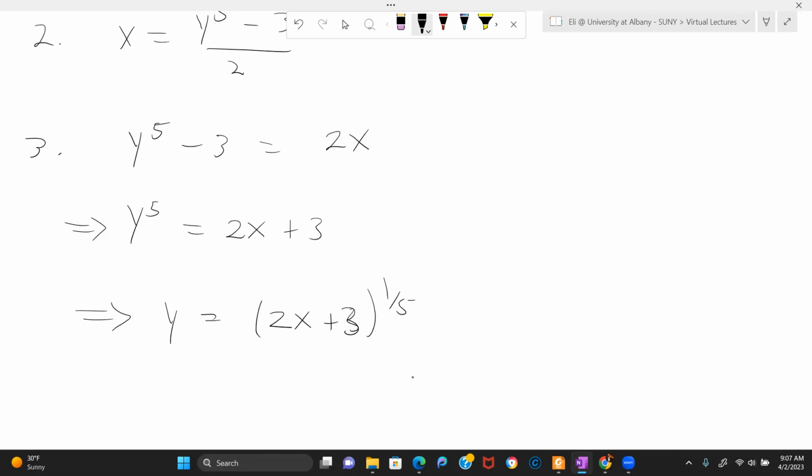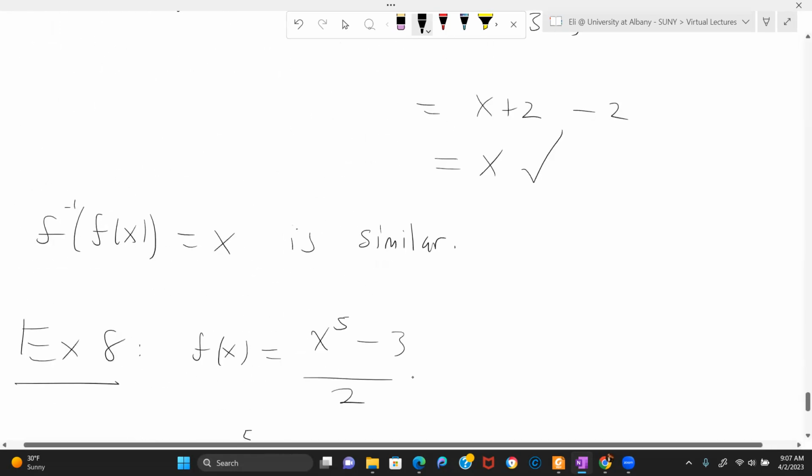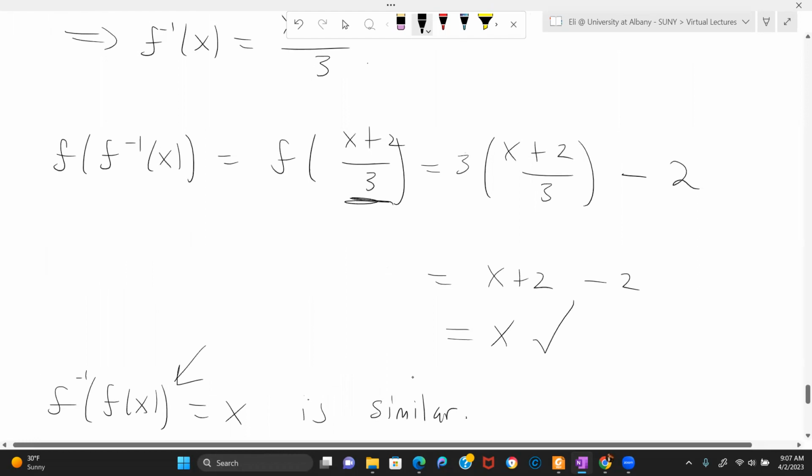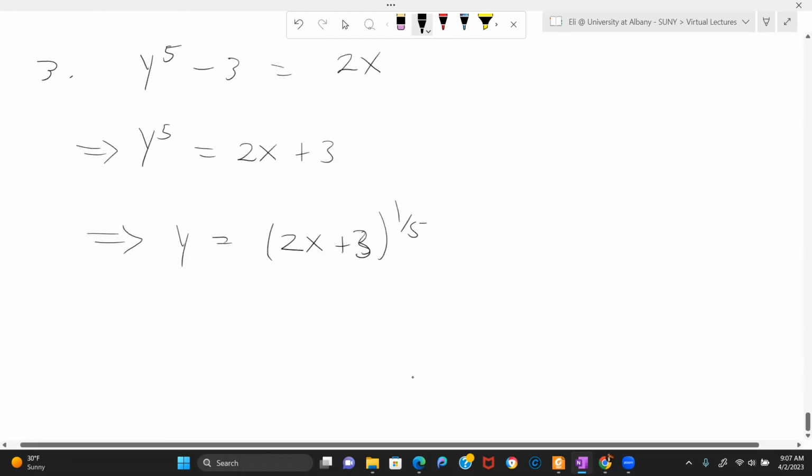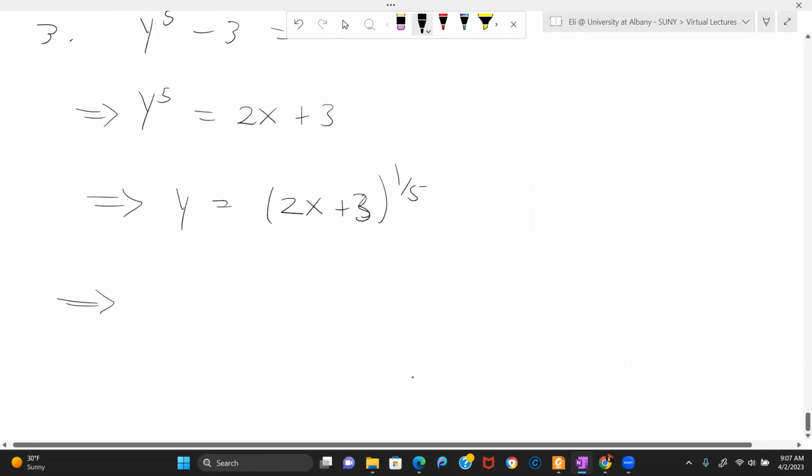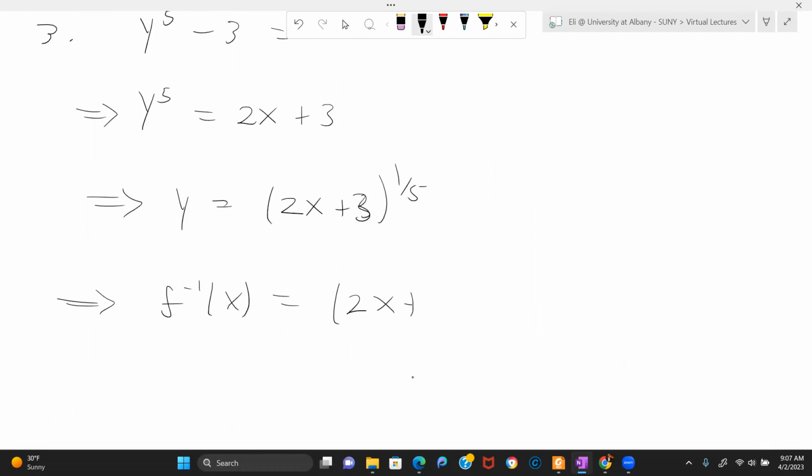And you can go through the same calculations here to verify that those composition or cancellation properties hold for these functions. This is in fact the inverse. So f inverse of x is equal to (2x plus 3) to the 1/5.